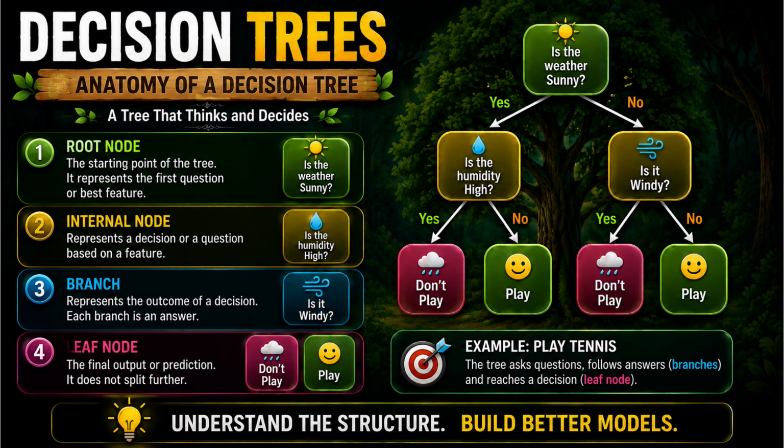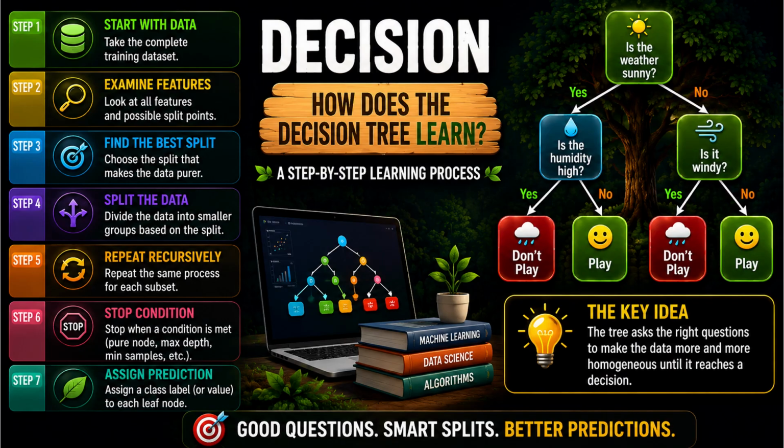decision, the leaf nodes. Now, how does the decision tree learn? It is a step-by-step learning process. You start with the data, the complete data set, examine the features, look at all the features and possible split points, find the best split, choose a split that makes the data purer. We will explain this as we go along. And then you divide the data into smaller groups based on the split.